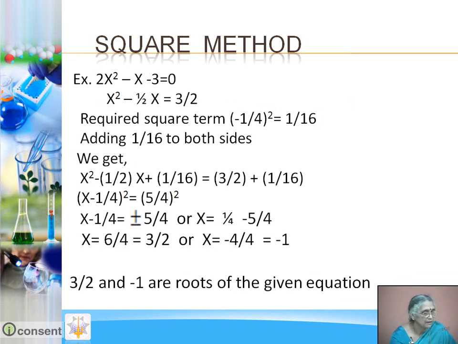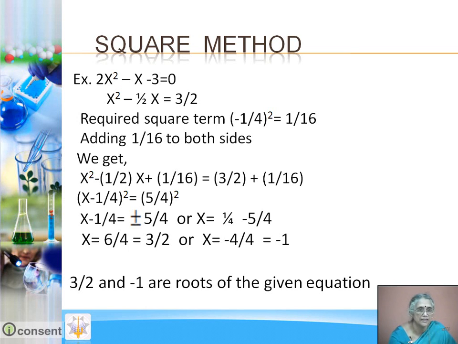Now one more example. It is 2x² - x - 3 = 0. Here the coefficient of x² is 2. So we divide the equation by 2 and we get x² - (1/2)x = 3/2. And the required square term is (-1/4)², which is equal to 1/16.